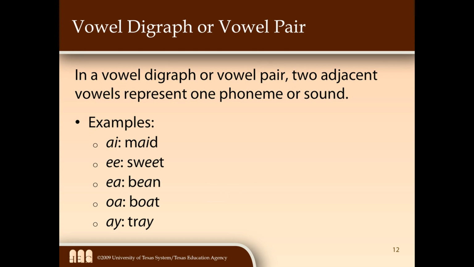Vowel digraphs are two vowels together, side by side, that create one sound. Like AI makes the A sound. EA makes the E sound. So there's consonant digraph, two consonants together to make one sound. Vowel digraph, two vowels together to make one sound.